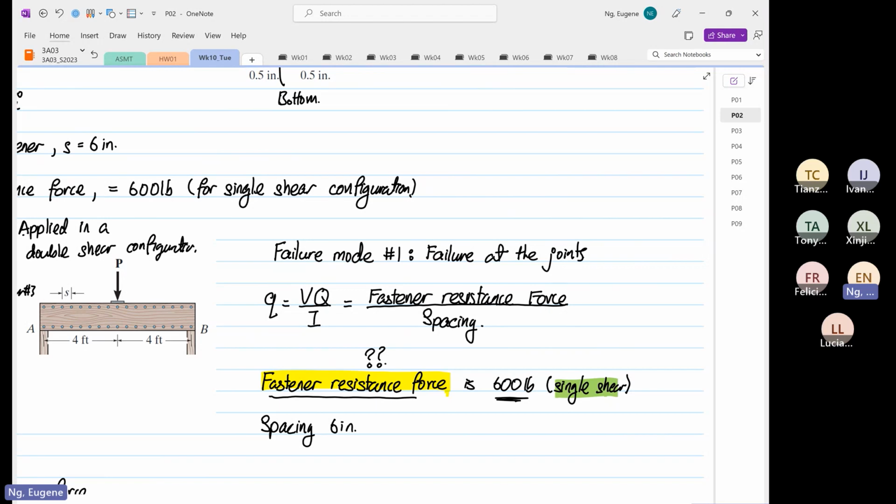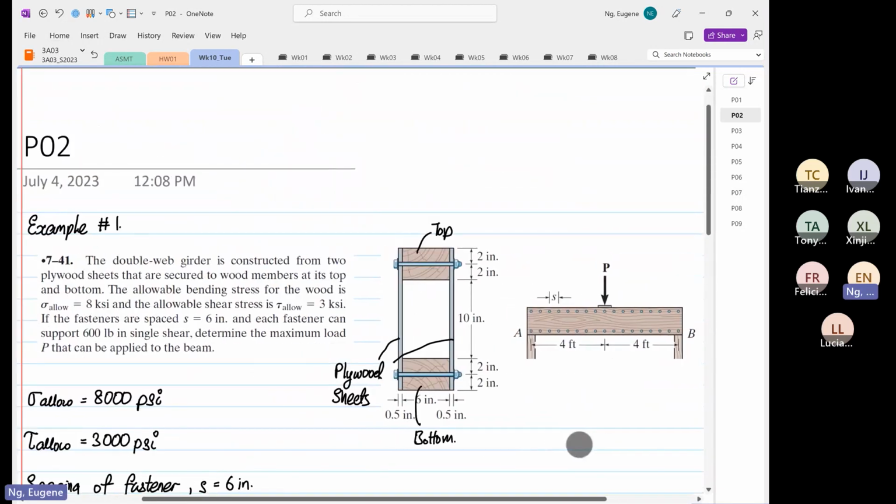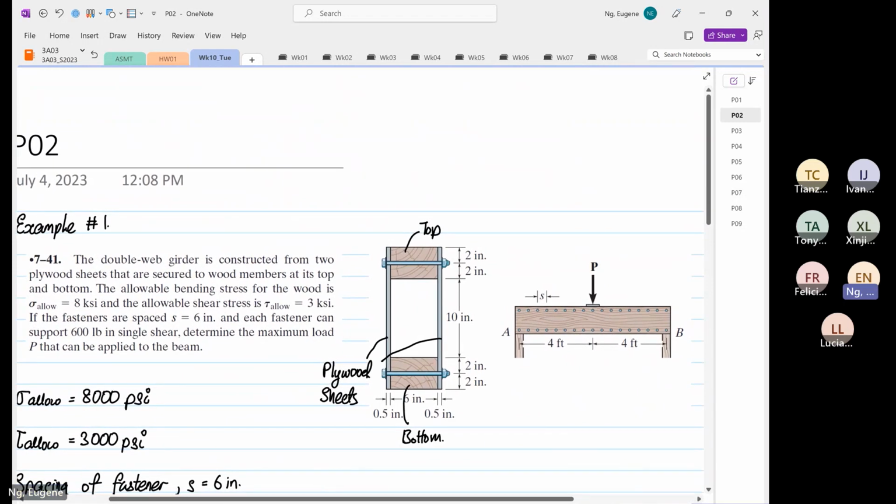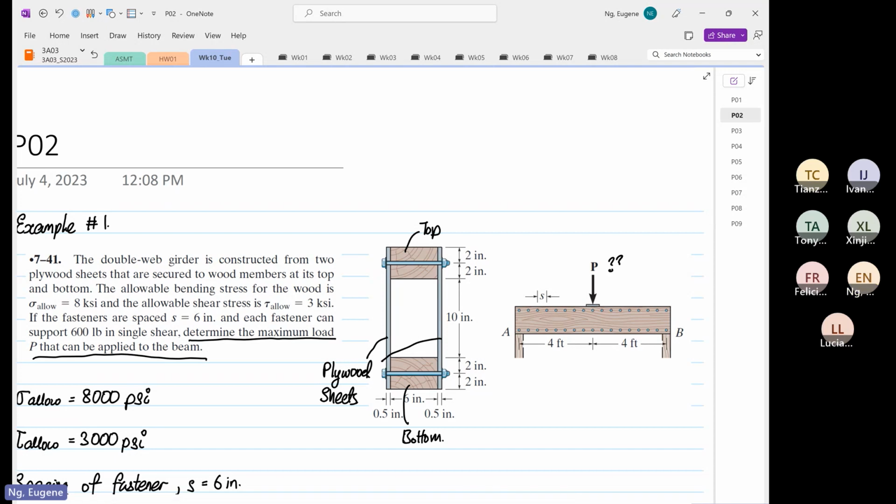Before we go on, what we are trying to determine is the maximum load P.